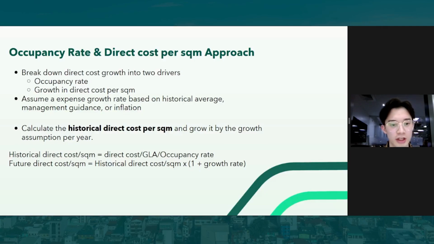We need to calculate the historical direct cost per square meter and grow it by our growth assumption per year. The formula for that is historical direct cost per square meter equals direct cost over GLA over occupancy rate. And for future cost per square meter, it's historical direct cost per square meter times 1 plus the growth rate. Next slide, please.